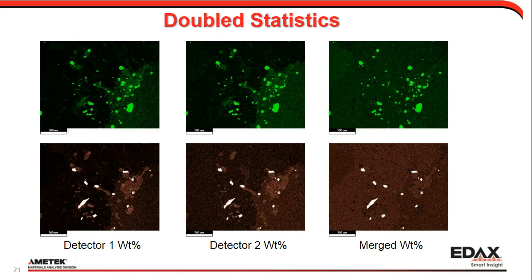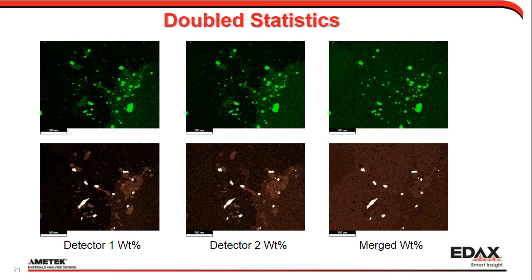We can now see there's a bit of residual from the calcium iron that we could pull out by increasing the statistics, again, counting for longer simply. But this shows that you can take advantage of the dual detector setup and basically increase your statistics and get better, more accurate results out of it, do a better job of the modeling and the subtraction.